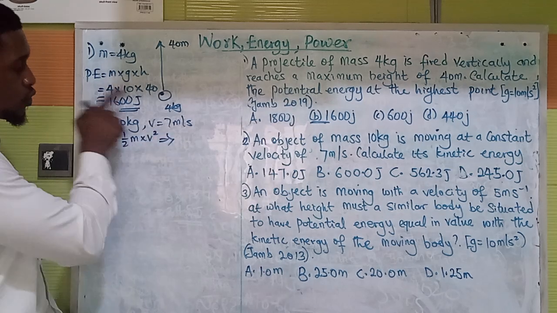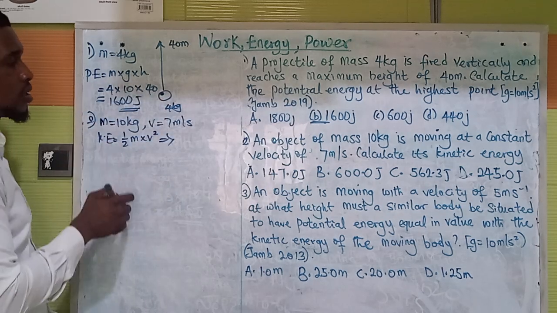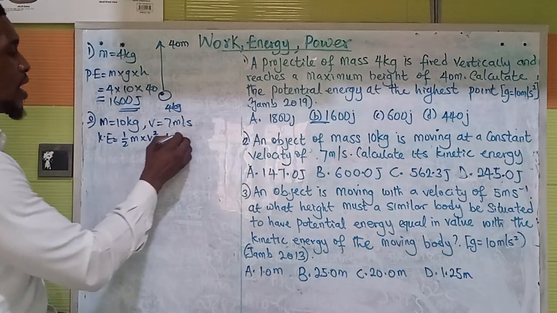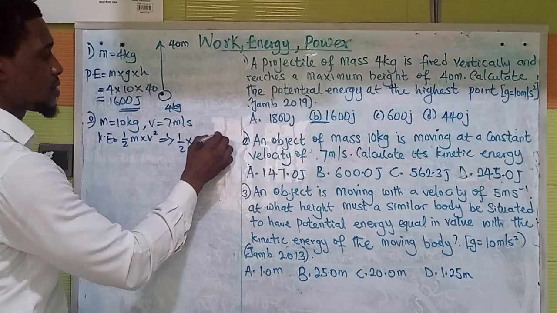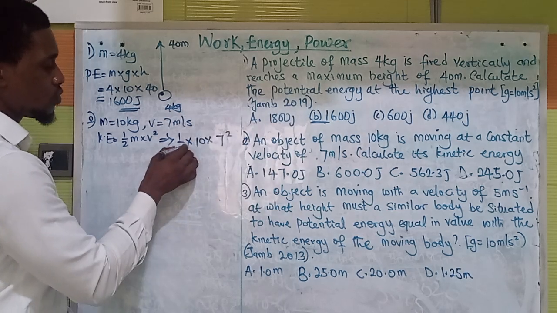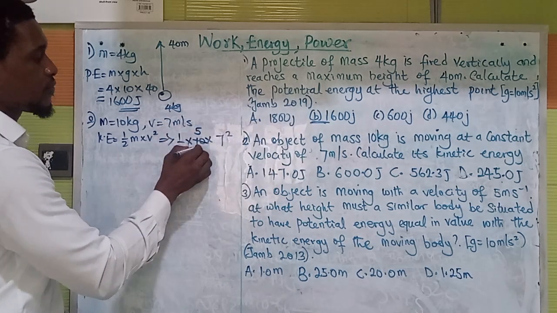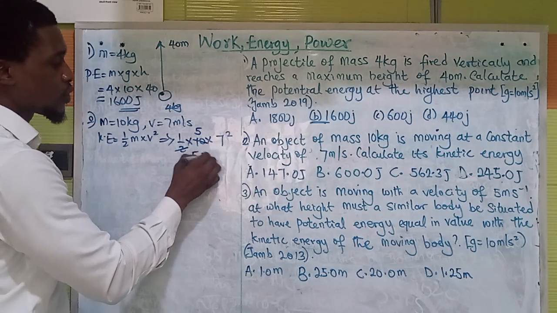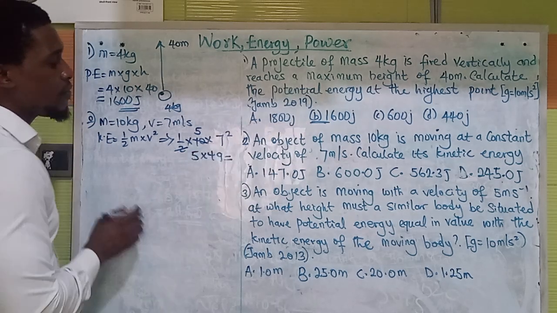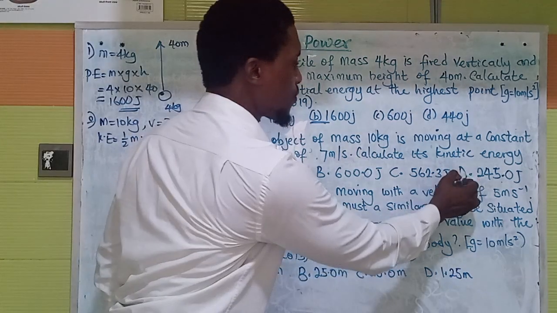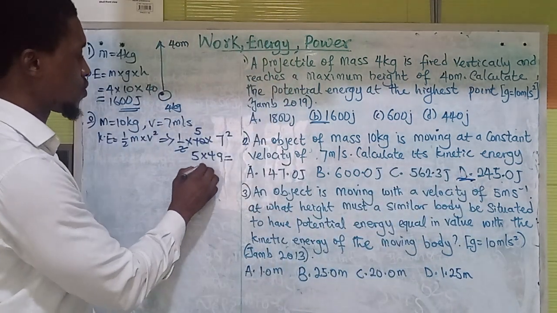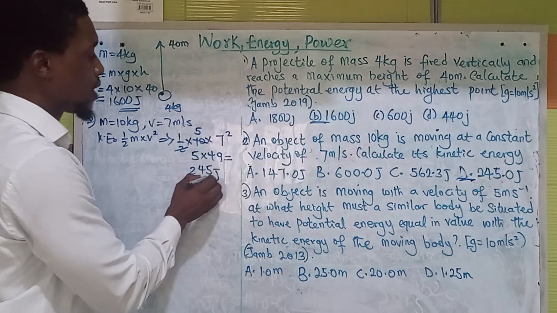Substituting, we have 1 over 2 times 10 times 7 squared. Half of 10 is 5, and 5 times 7 squared is 5 times 49, which gives 245. So your answer is D.